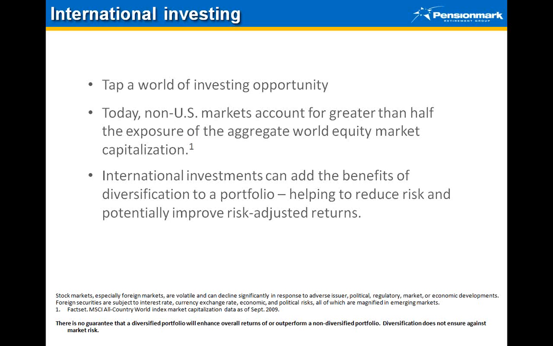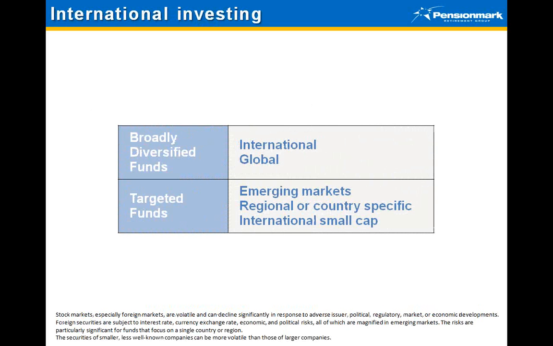So finally, a little bit more on international investing. A couple different ways to invest, and potentially your particular plan may offer more than one international fund. If you have a broadly diversified fund, what that means is it's investing all across the world, possibly in the U.S. as well, and that would have a little bit less risk than a very targeted fund.